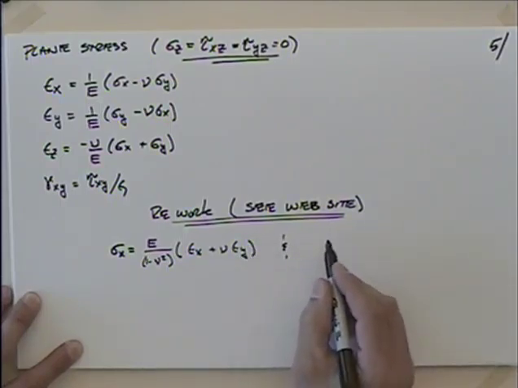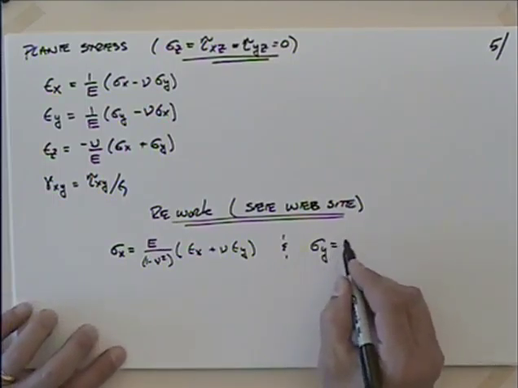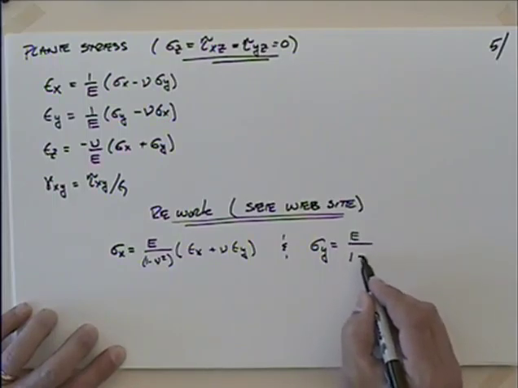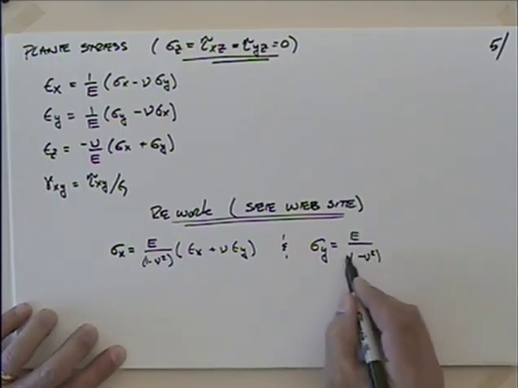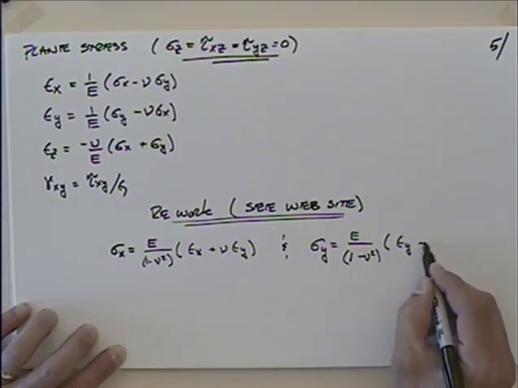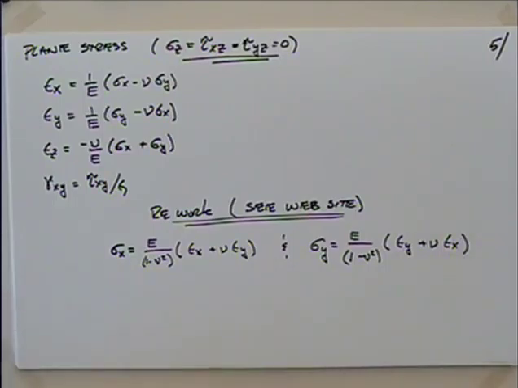And the other one that we came up with would be sigma y equal to Young's modulus E divided by 1 minus Poisson's ratio squared, times epsilon y plus Poisson's ratio times epsilon x. Let me double check those.